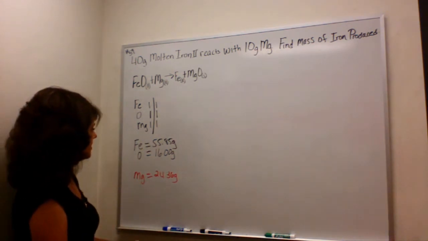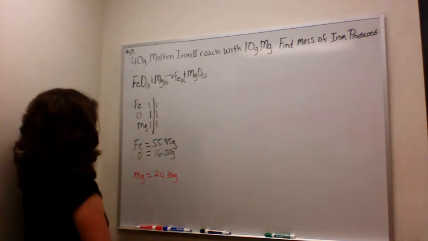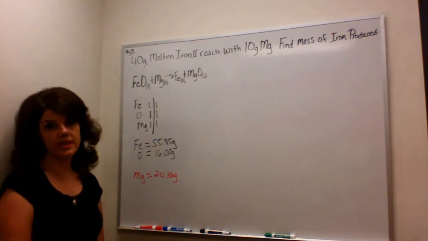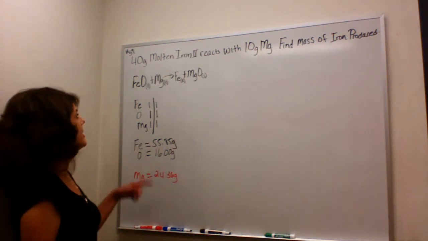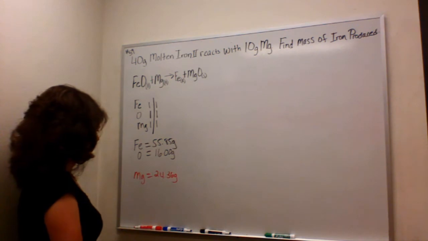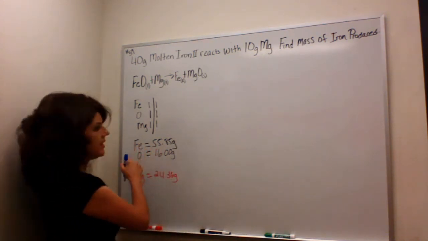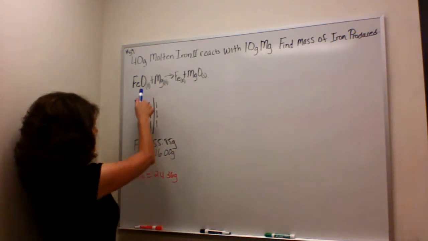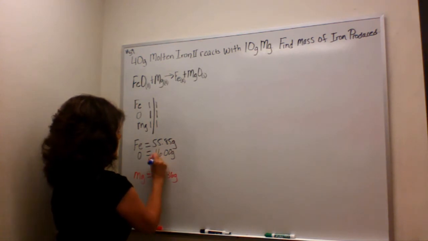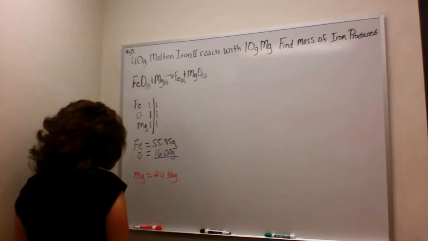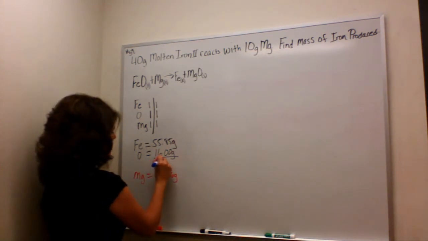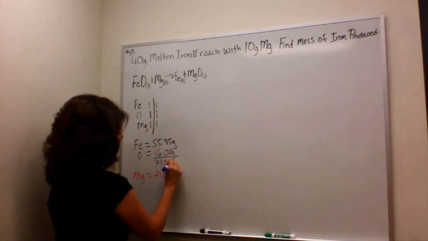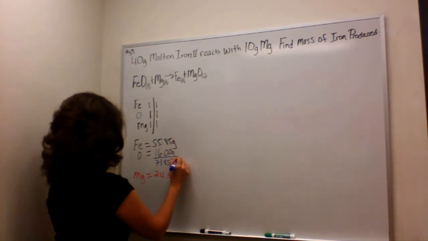Now that we've looked at the mass of each element individually, we're going to do one more thing, which is to determine the mass of our iron oxide. To do that, we're going to add the iron and the oxygen, and that adds up to 71.85 grams.